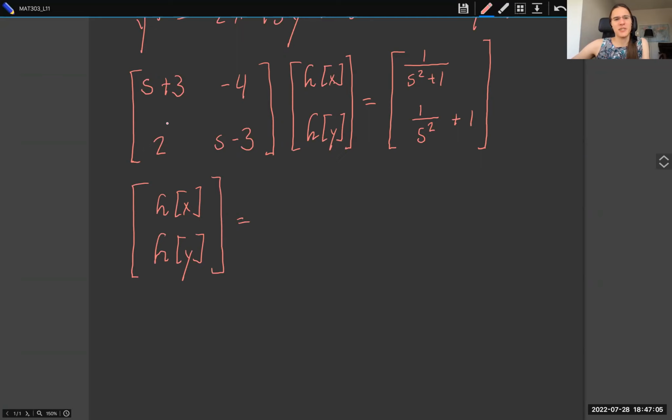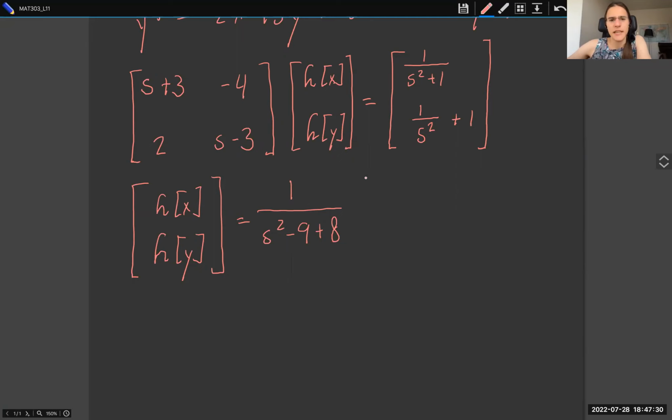So we get 1 over the determinant of this. So this is some difference of squares, and then this is going to give us plus 8. Sure.